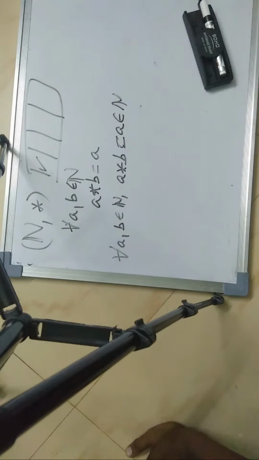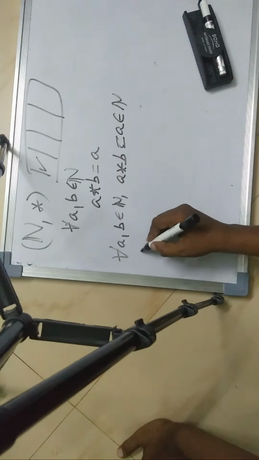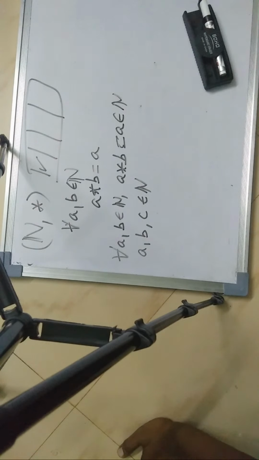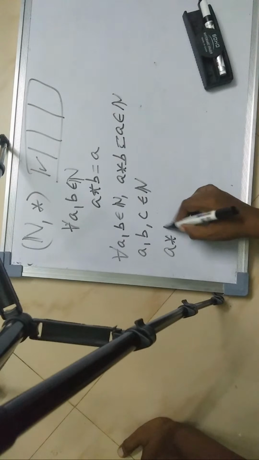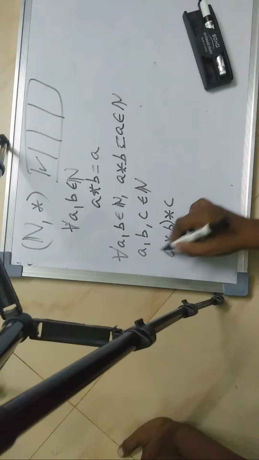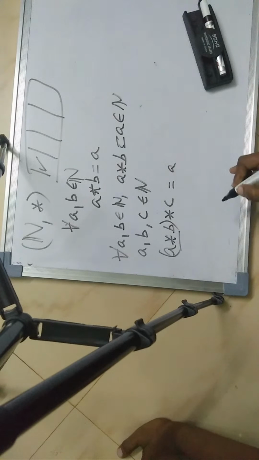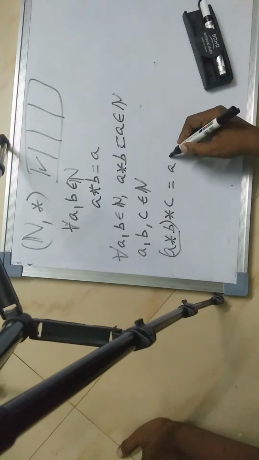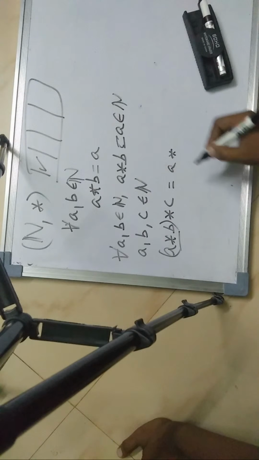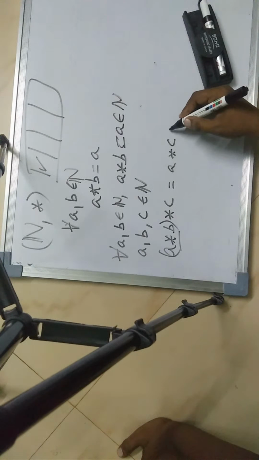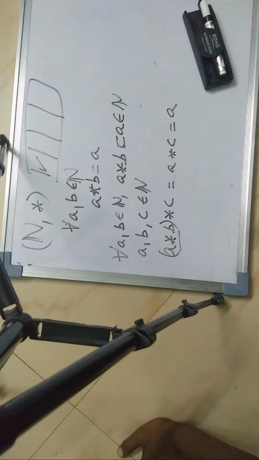Now let us check the associativity part. Now let us consider three elements a, b, c in natural numbers. Now a star b star c will be, by our definition, a star b is a, and this is c, and this is going to be a.